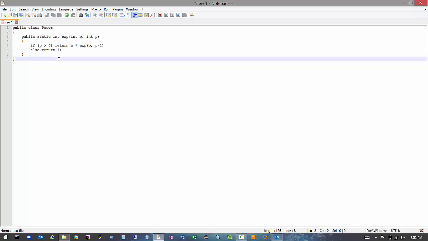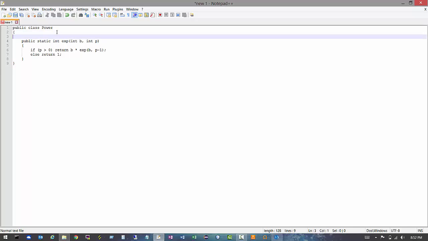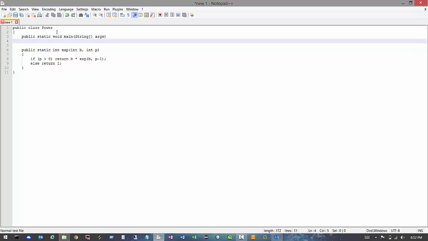So what is going on here? Let's add a main to this so we can see how it works, and I will walk through the running of the program for you so that you can see it in action and hopefully get the idea.